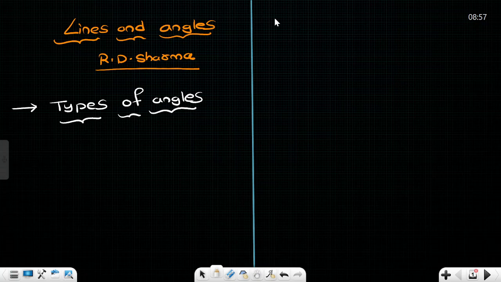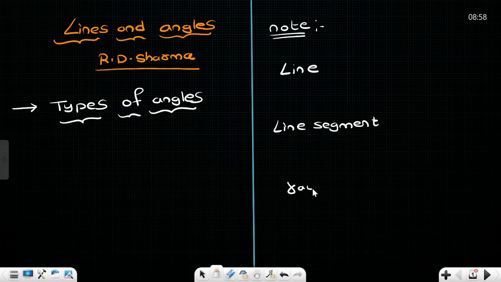Now before going to this, Akshita, you should know the difference between what is a line, what is a line segment, and what is a ray. Line means which is extending in both directions, up to infinite. There is no end for that. A line segment has two end points.